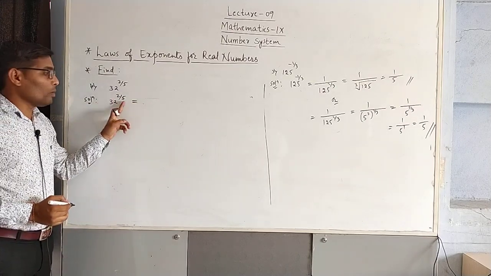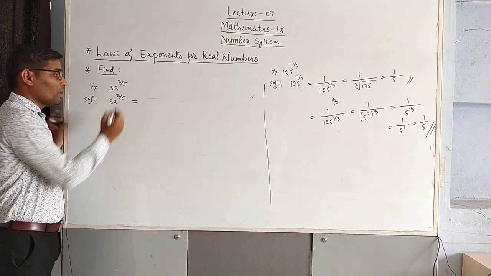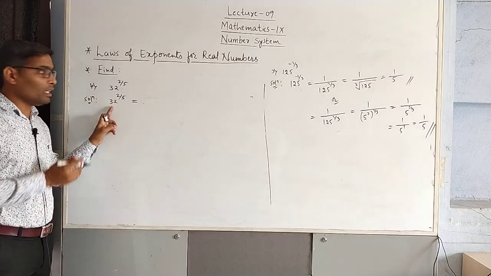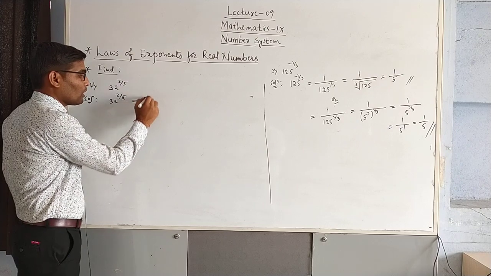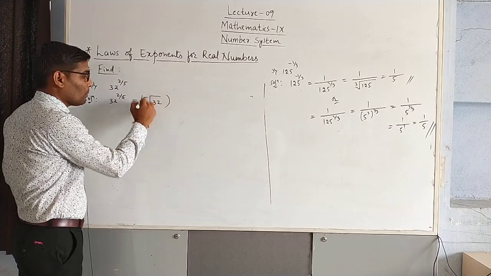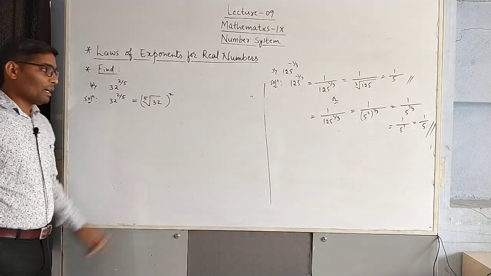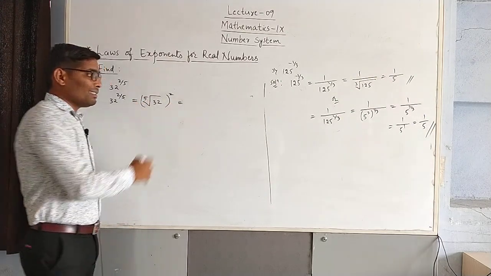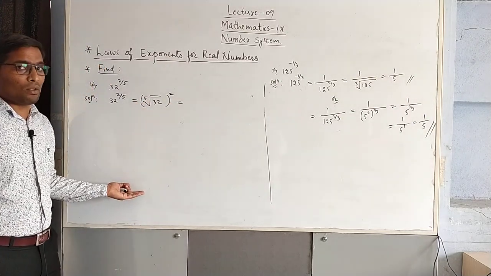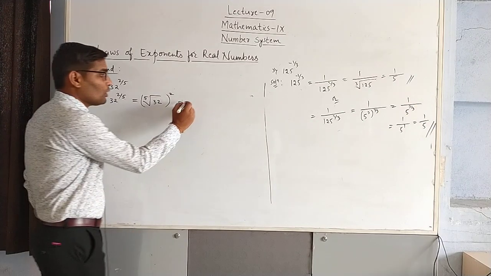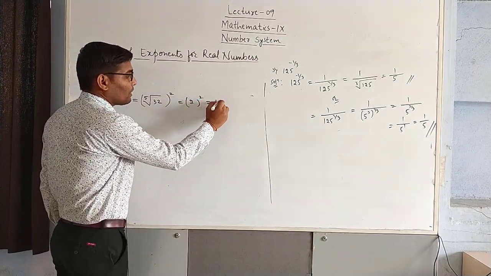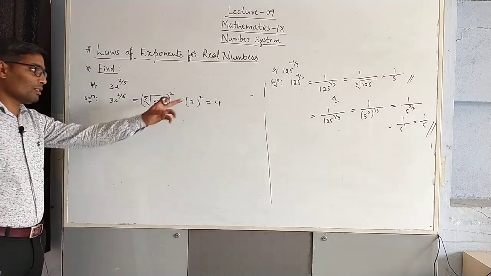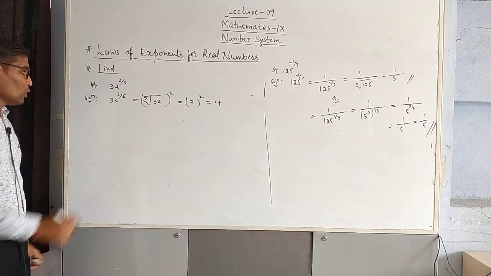Here in the power 2 by 5, the denominator indicates the root of the 32. So it can be written as fifth root of 32 whole to the power 2. And we know that just now we have solved that the fifth root of 32 is 2, then whole to the power 2 as it is, and 2 to the power 2 is 4. So this is the answer of the fourth problem.